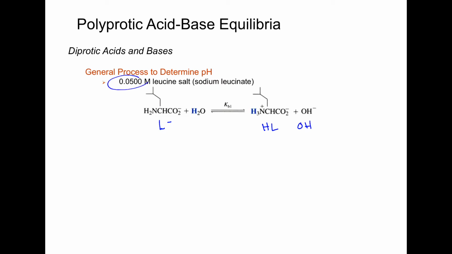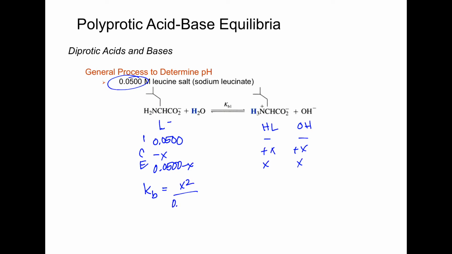We're starting off with a 0.05 molar concentration. And so this would be, we don't have any of those, minus X, plus X, plus X, 0.05 minus X. And so when we set up our table, this was a basic reaction, so we're going to have to put in Kb there, but it's X squared over 0.05 minus X.